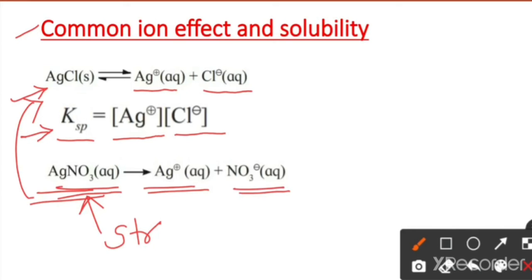Dissociation of AgCl and AgNO3 produces a common ion, Ag plus.